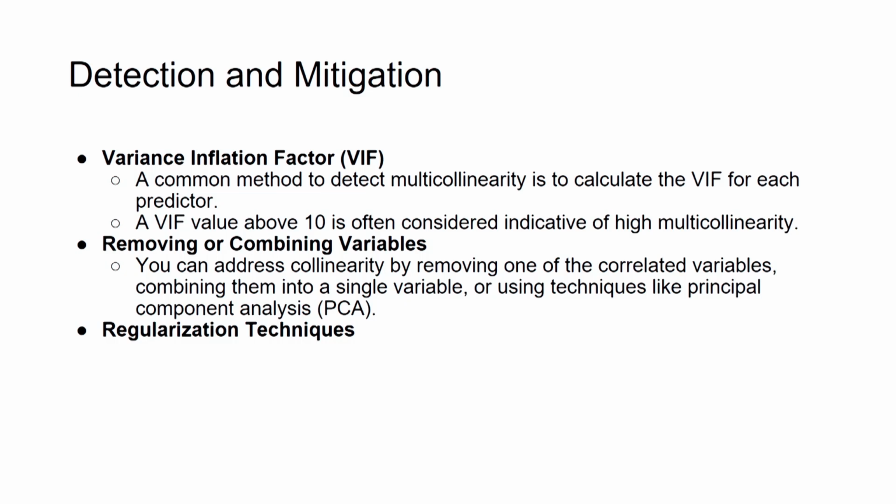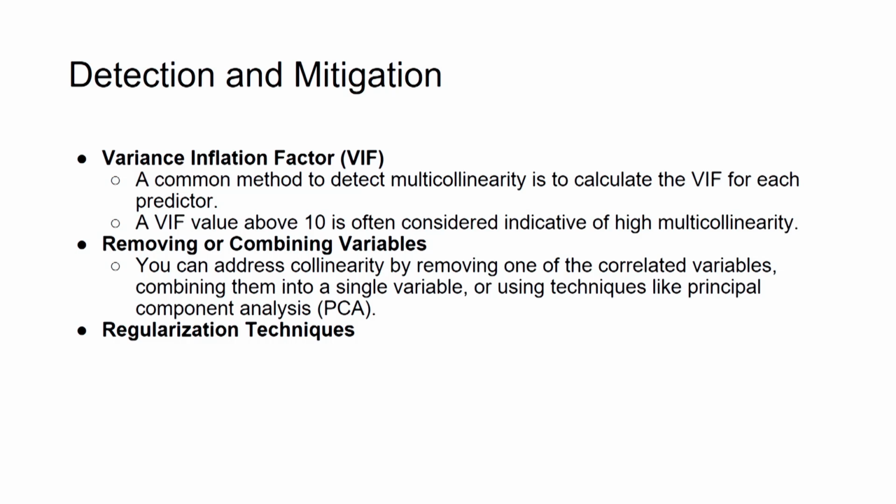So, what is this VIF? VIF is a common method to detect multicollinearity, and you need to calculate VIF for all the independent variables or all the predictors in the data set. It has been seen that a VIF value above 10 is often considered indicative of high multicollinearity.